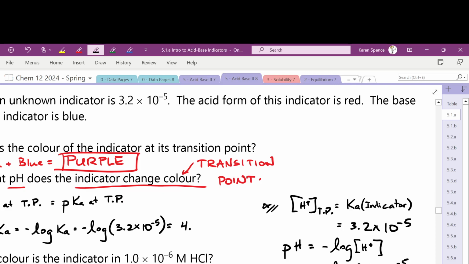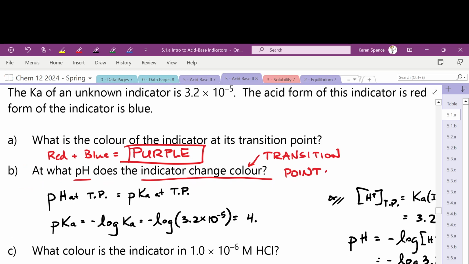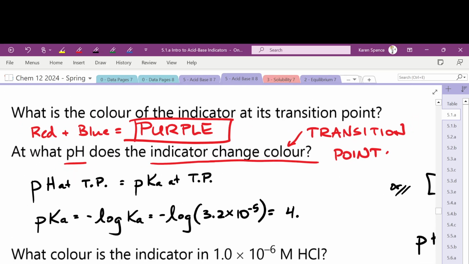Okay, my friends, I want to ask you a question here. There's a couple of ways of showing the work for this. You can say my pH at the transition point is equal to pKa, and the pKa is equal to the negative of the log of Ka.